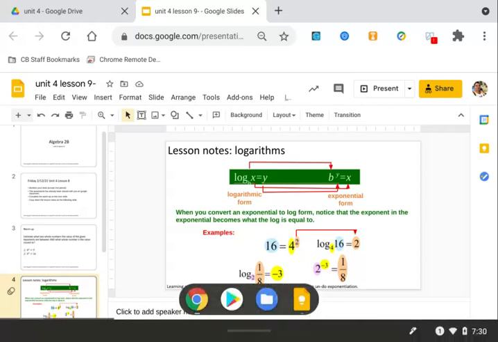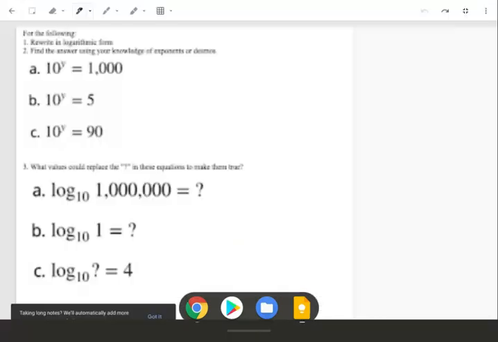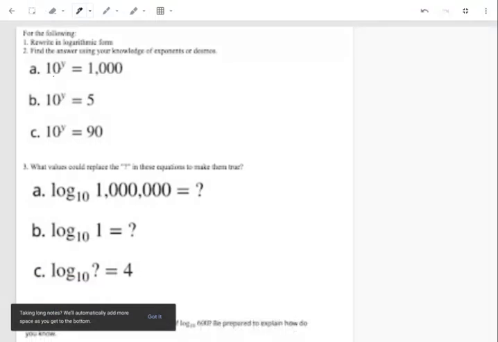So notice for A, for the first one, actually really for all of them, notice our base here, and our base here are all 10. So these are all going to be log base 10.